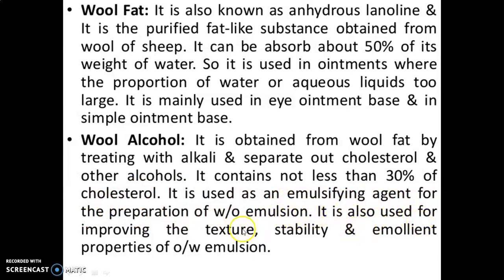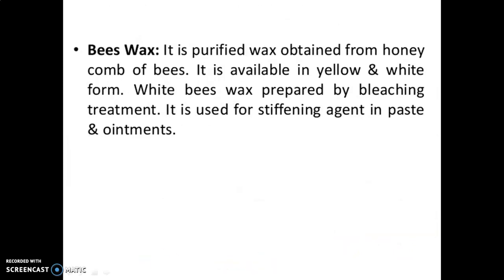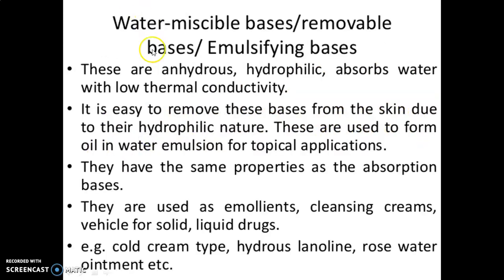It is also used for improving the texture, stability and emollient properties of O/W, oil in water emulsion. Then beeswax, a purified wax obtained from the honeycomb of bees. It is available in yellow and white form. White beeswax is prepared by bleaching treatment. It is used as a stiffening agent in pastes and ointments.